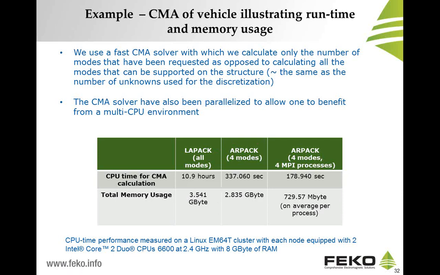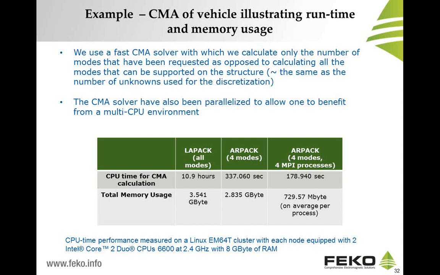Now, as I said, our CMA solver is based on solving only a subset of the modes, because not all of the modes may be important in the radiation characteristics. If we calculate the first 4 modes, the result of which I've shown earlier, we see that our time for calculating these first 4 modes reduces quite significantly from about 11 hours to 330 seconds.